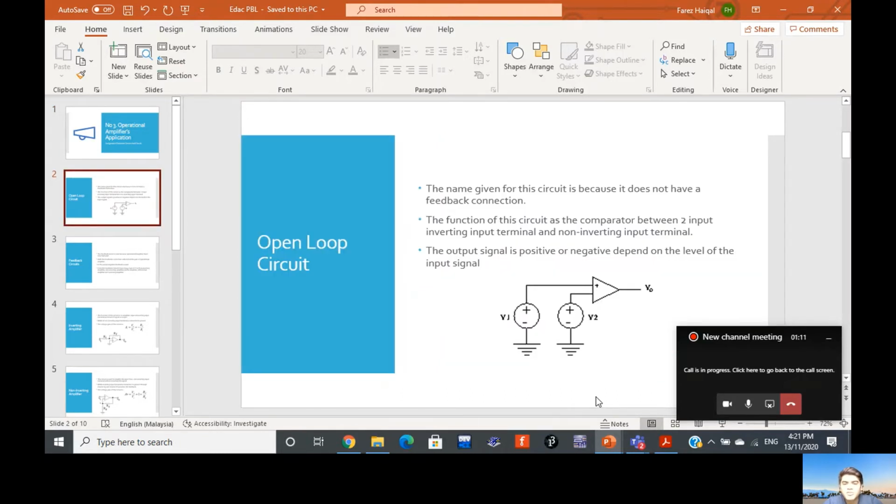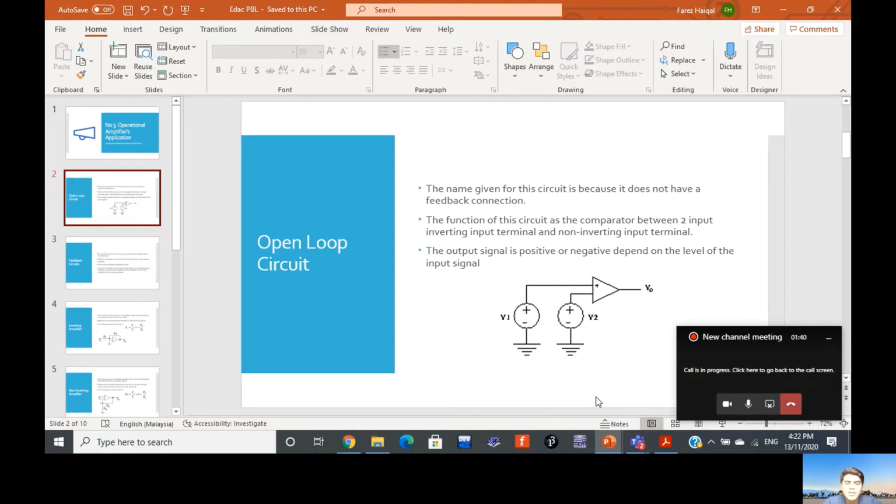The name is given because the circuit does not have a feedback connection, and the function of the circuit is as a comparator between the two inputs, the inverting input terminal and the non-inverting input terminal. The output is positive or negative depending on the level of the input signal.